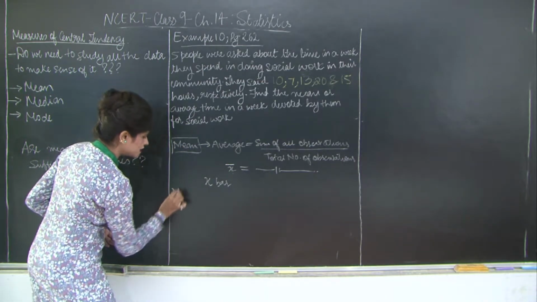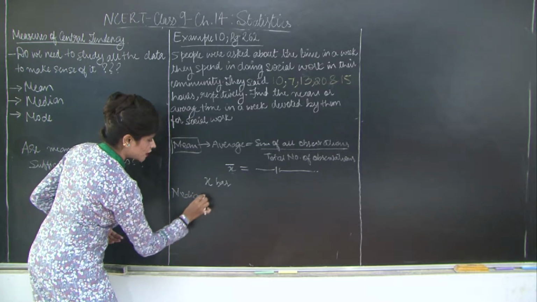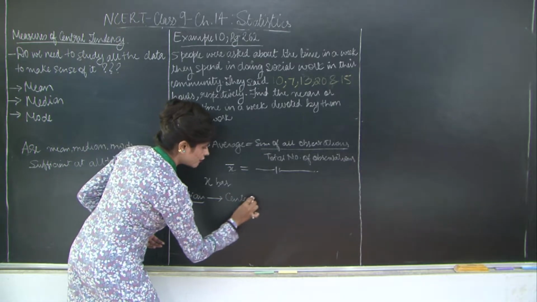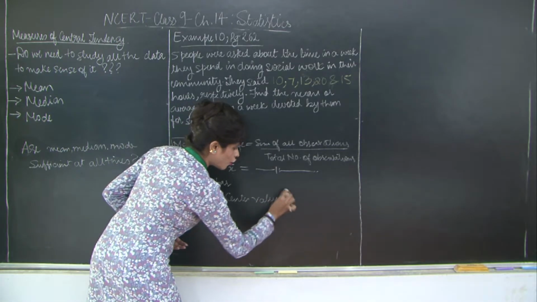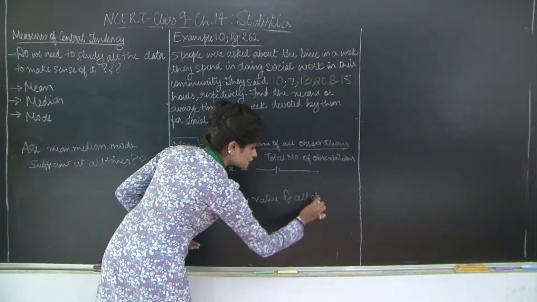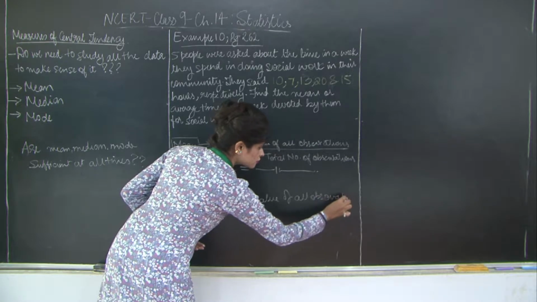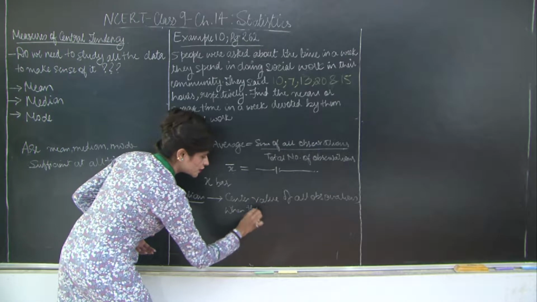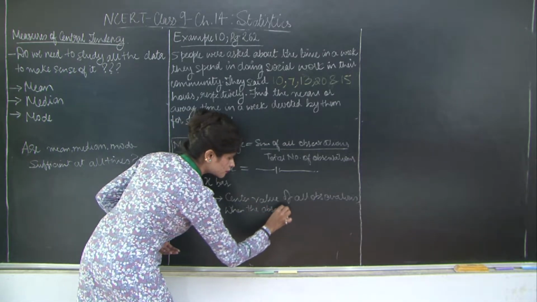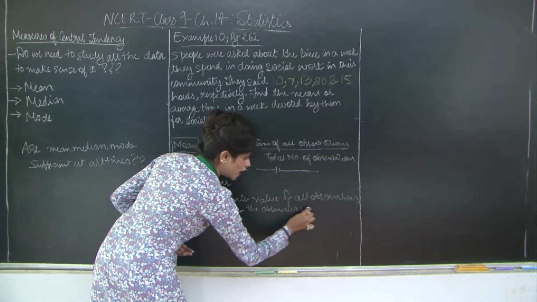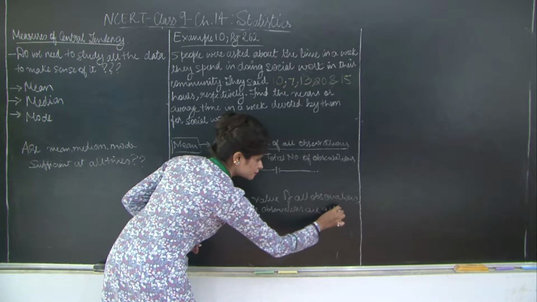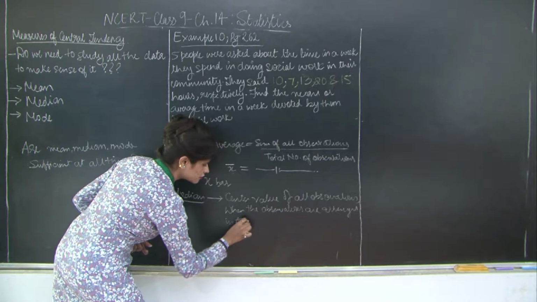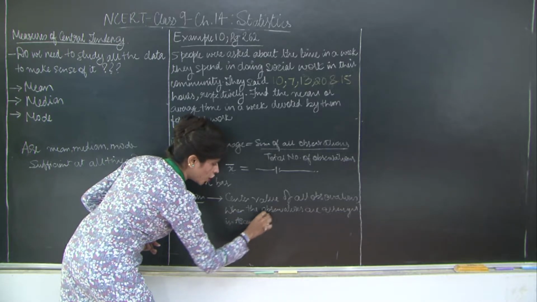We have median. Median is nothing but the center value of all observations when the observations are arranged in ascending or descending order.